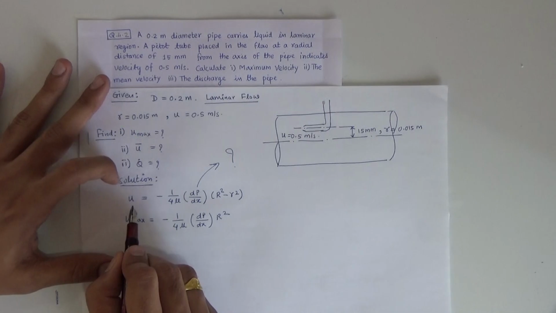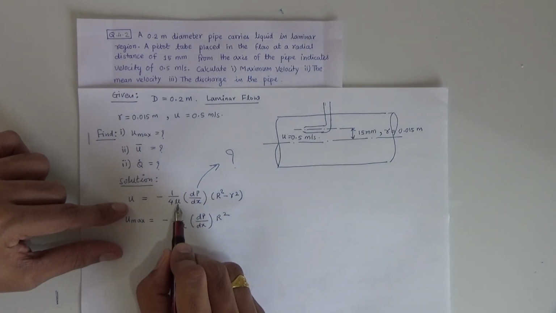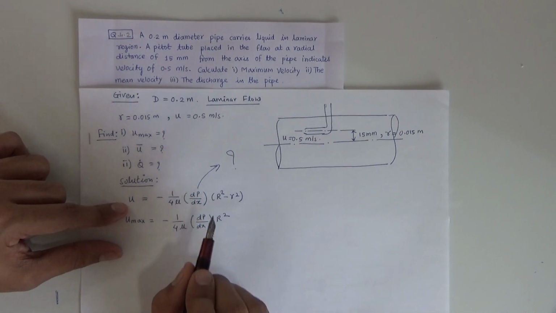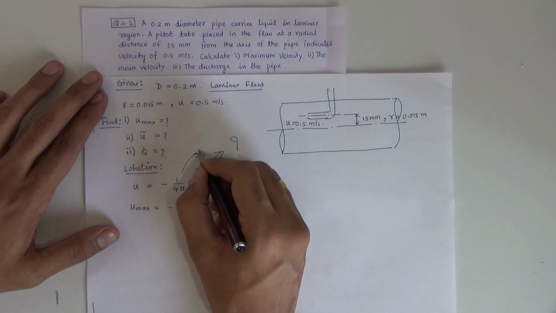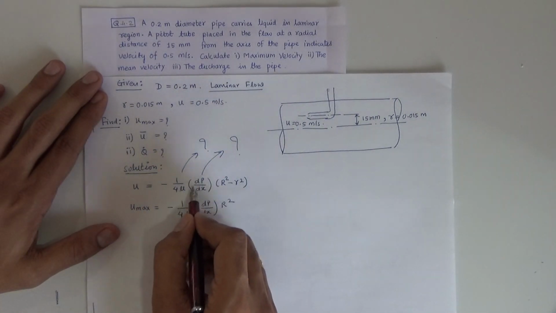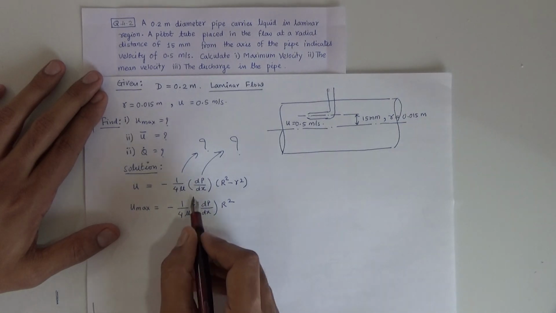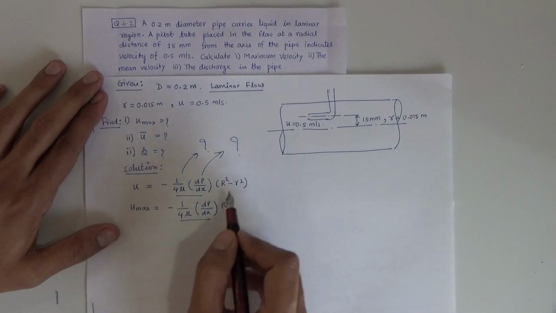You would put the values of u, r, mu, but mu is also not given, so we cannot use this way. We have to take the ratio, otherwise we cannot solve this because mu is unknown. So for that purpose we have to eliminate these quantities, and coincidentally you can observe that this quantity and this quantity are the same, so they can be cancelled if I take the ratio.